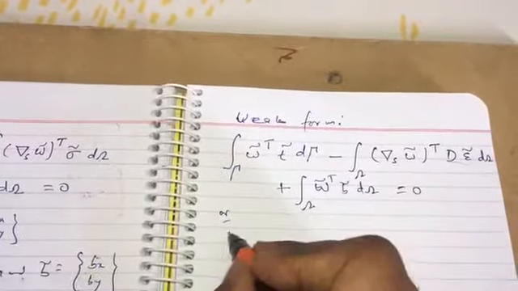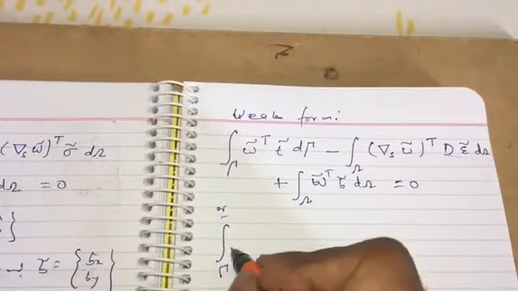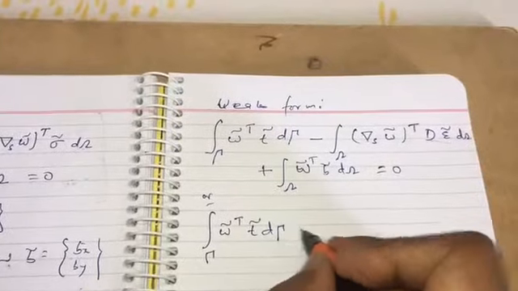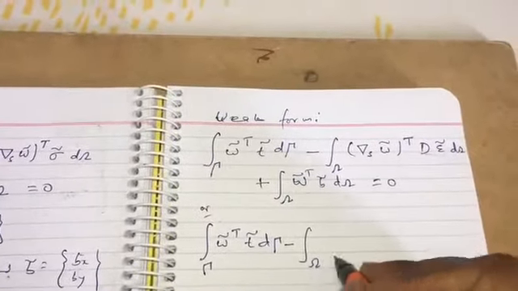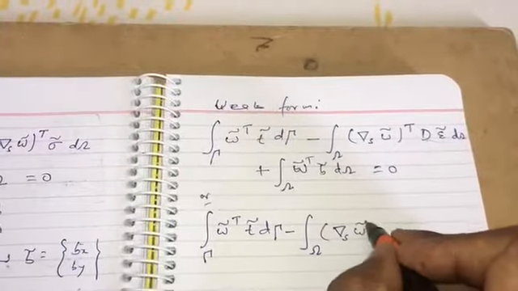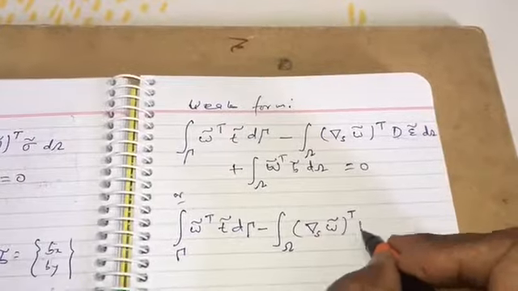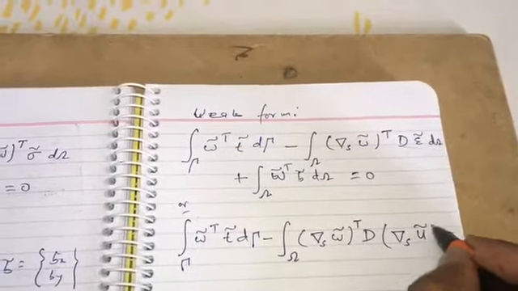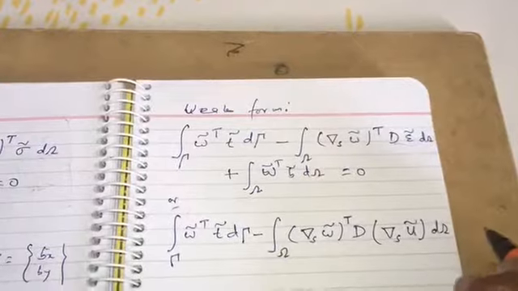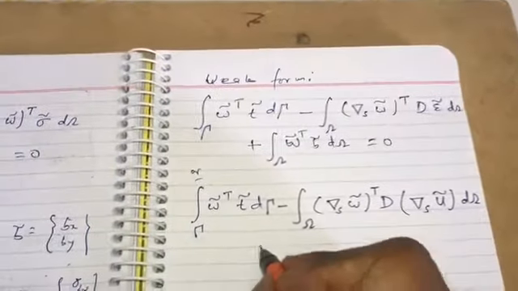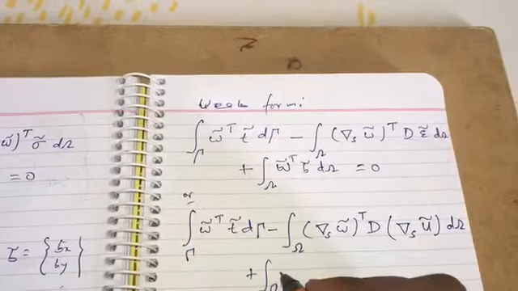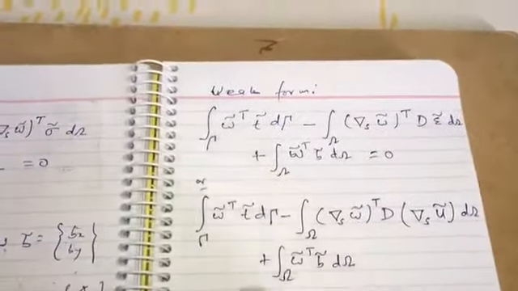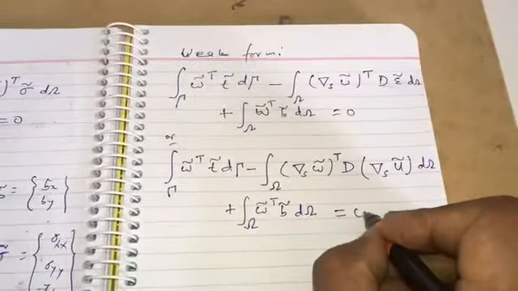So we write further: integral over gamma of W transpose T d gamma, minus integral over omega of del S W transpose D del S u d omega, plus integration of W transpose b vector d omega is equal to 0.